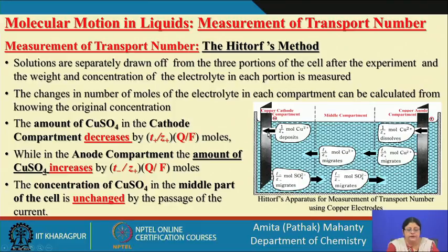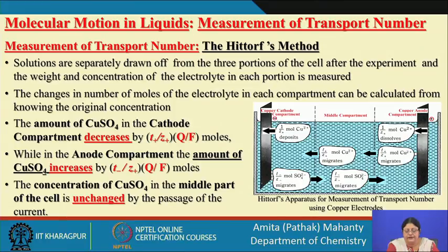The solutions are separately drawn from each of the three portions after the experiment is done, and either we weigh or find out the concentration of the electrolyte in each portion and then analyze our data. The changes in the number of moles of the electrolyte in each compartment can be known from the knowledge of the original concentration of copper sulphate in each compartment.